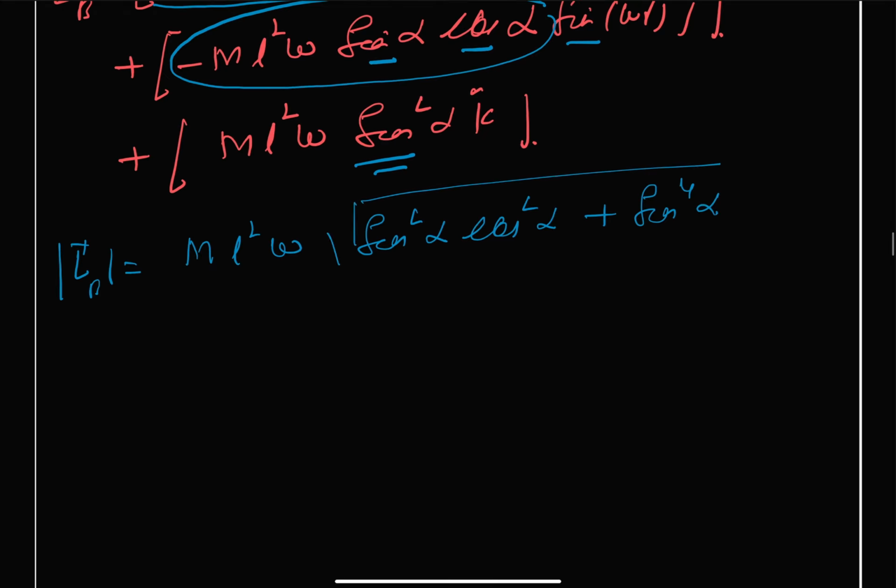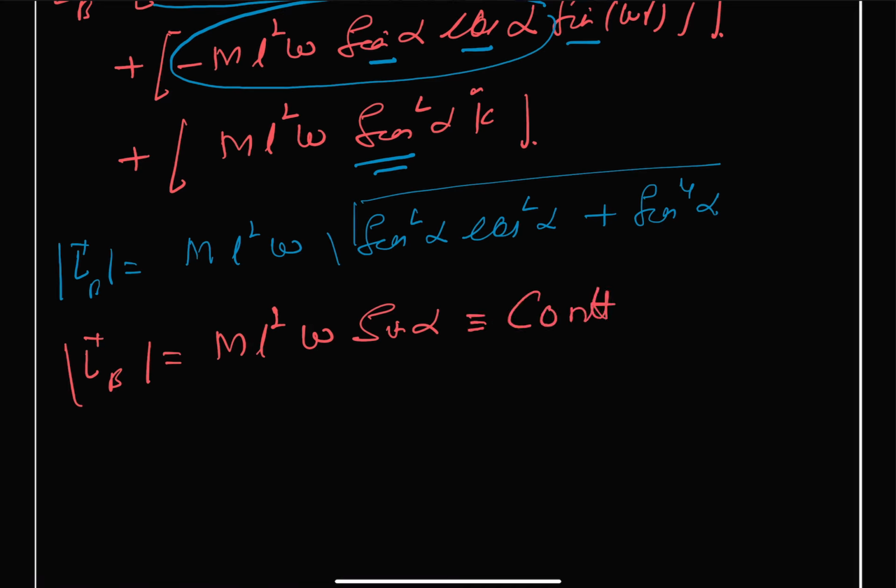And we can take sine square alpha as common, so this will be sine square plus cos square plus sine square. Okay, so we get its magnitude will be equal to m L square omega sine of alpha, which is our constant magnitude.